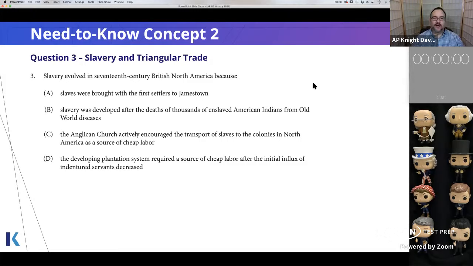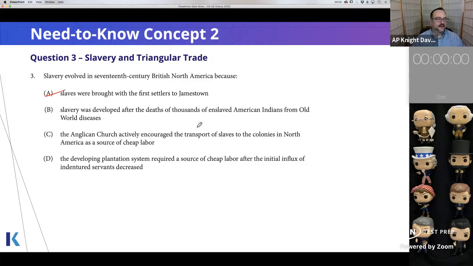So why did slavery evolve in British North America? And again, we can do some elimination if we need to. "Slaves were brought with the first settlers." No, they weren't. The settlers barely made it. They weren't going to bring anyone else with them. That was not going to happen.